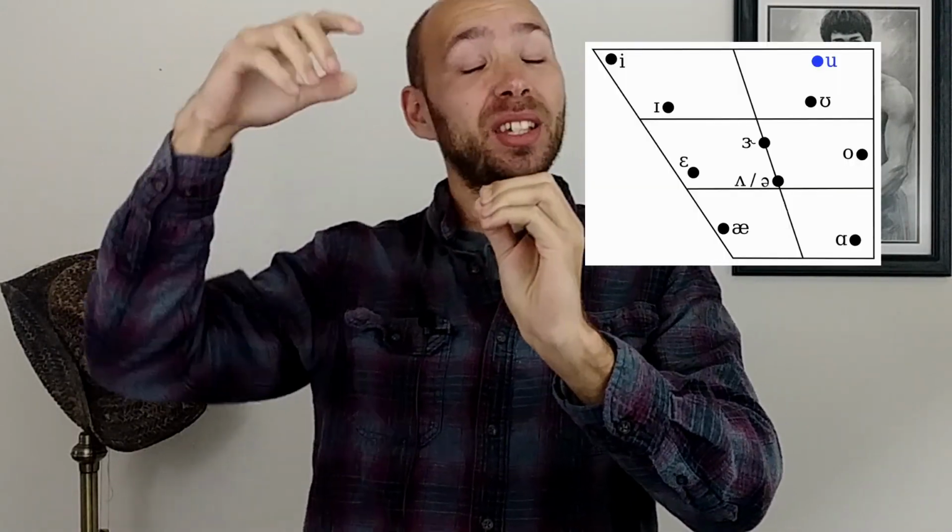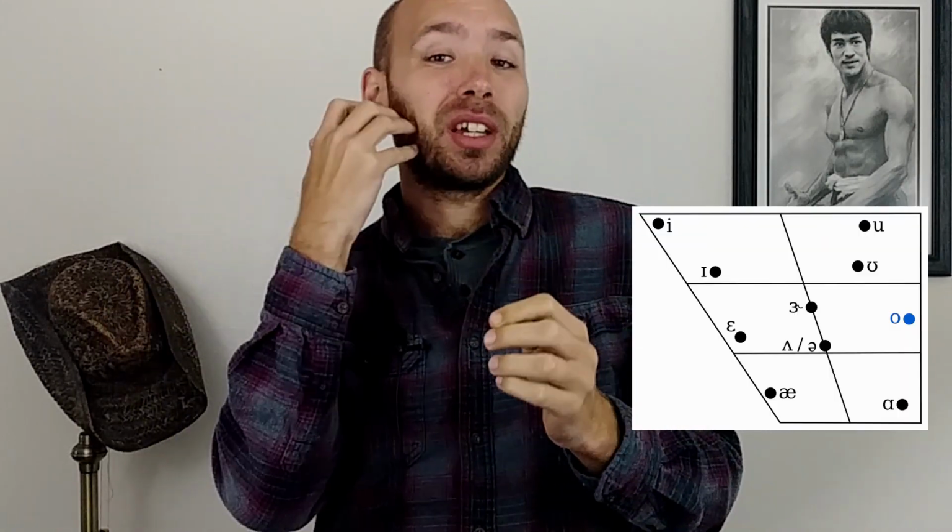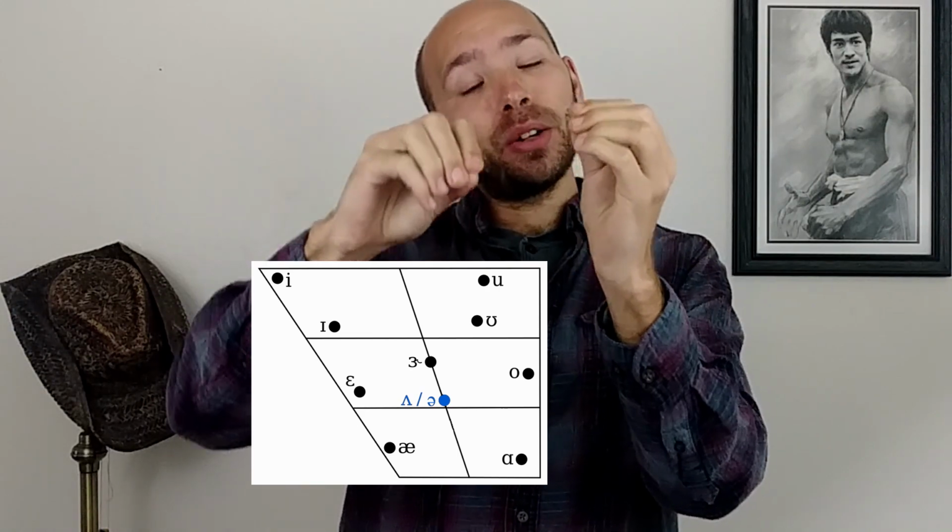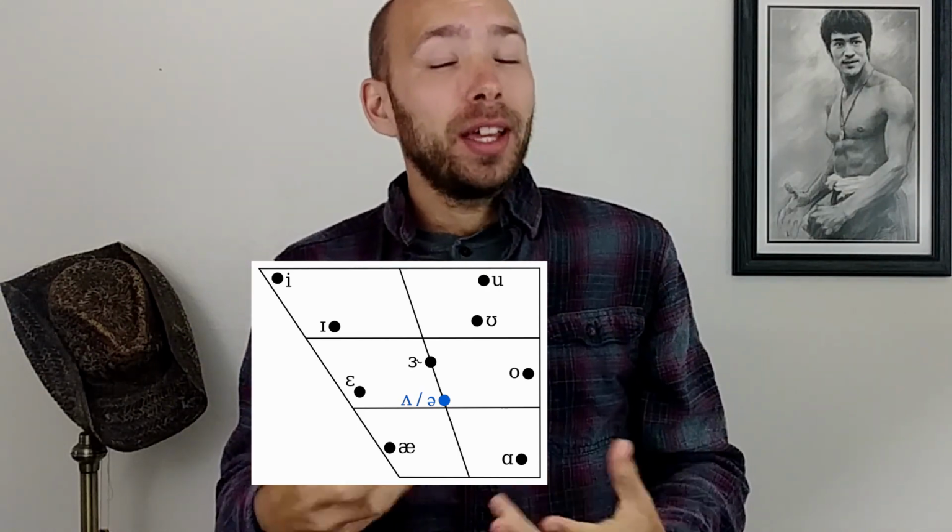And so if you get a little too high, it might sound a little bit more like a U. If you get a little too far back, it might sound like an O. And if you get a little too far forward or down, it might sound more like a schwa. The biggest problem is that it will usually be too far forward or low, and it will sound more like a schwa sound. So definitely try to make sure you get it up and back, but not too far.